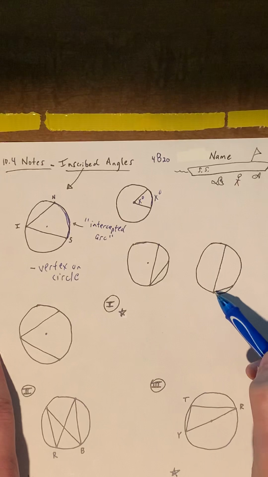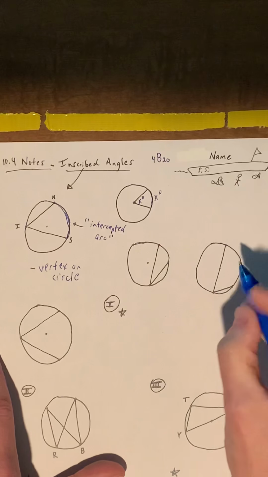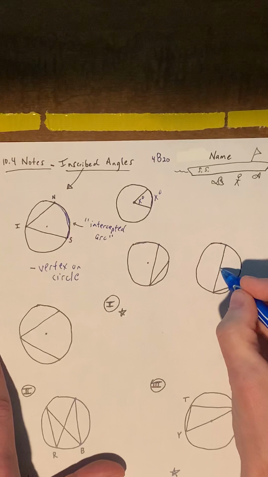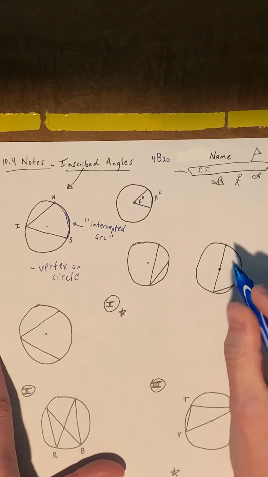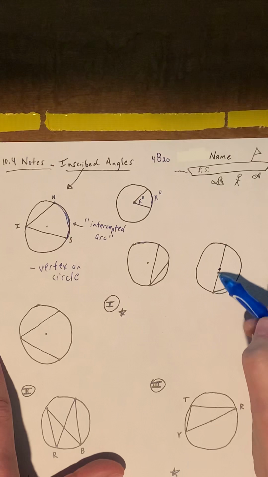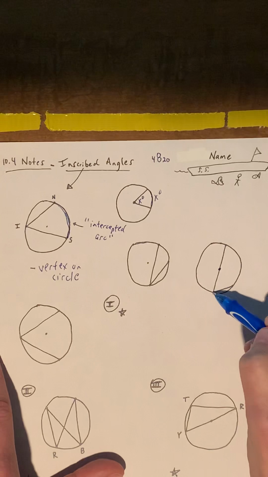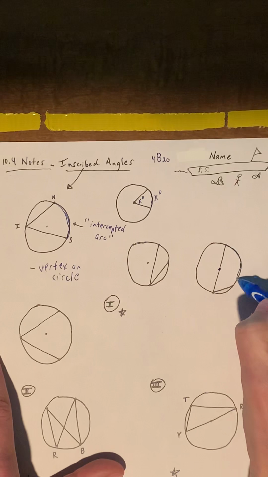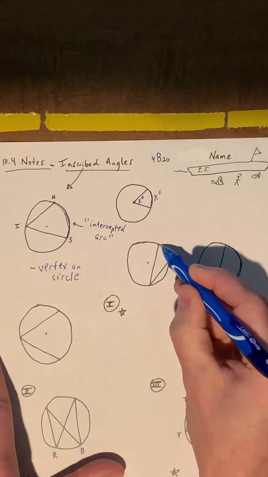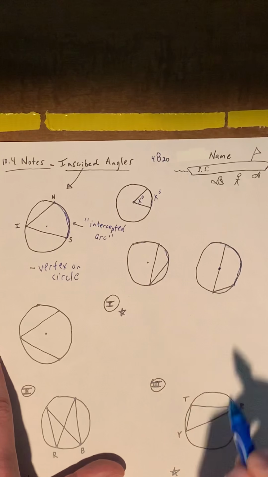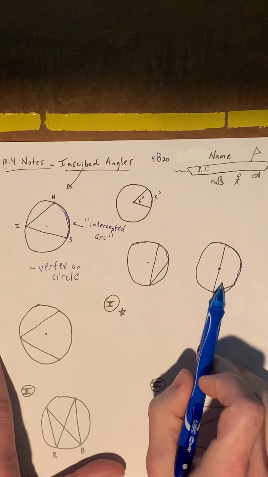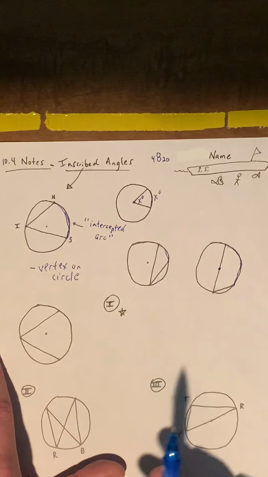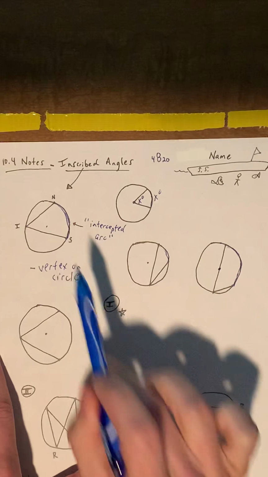And you could also have an inscribed angle where the center point is actually on one of the sides of the angle. This would be the diameter. But this angle right here is still an inscribed angle. And this would be the intercepted arc. And here, this would be the intercepted arc. Okay, so inscribed angles might look a little bit different, like any of these.